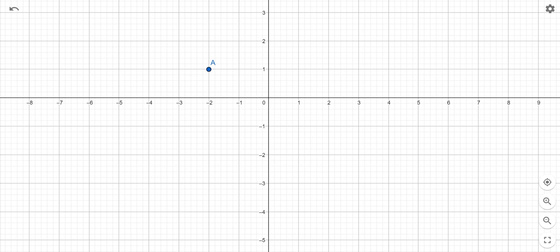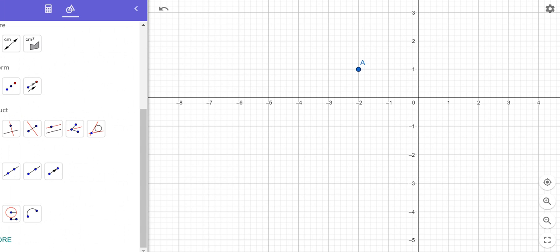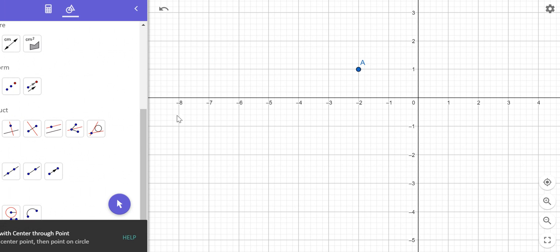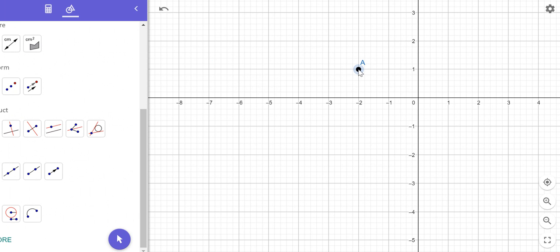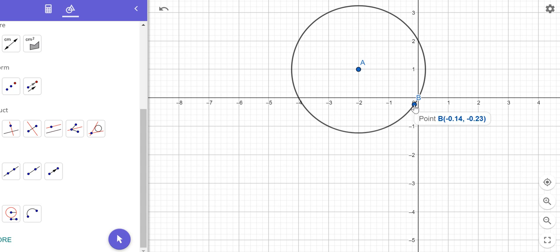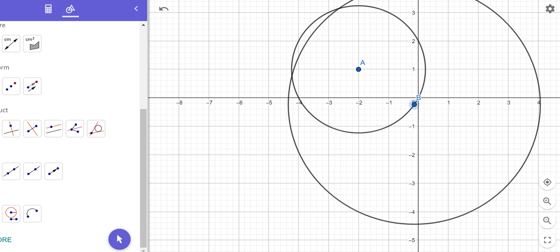Then choose circles, and you will be able to create a circle and expand it. I want to reach 4, -1 because that's my B.